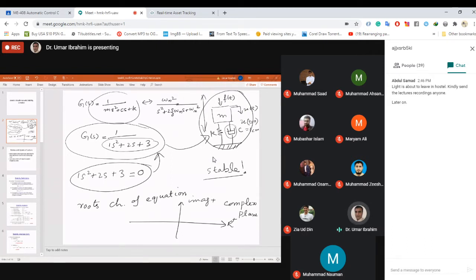Let's suppose the roots come out to be s1 equal to -2 plus 3i, and s2 equal to -2 minus 3i. You can just look at the roots and tell if the system is stable or unstable. You can plot the roots on the complex plane at -2, and +3 and -3. So these are the roots.